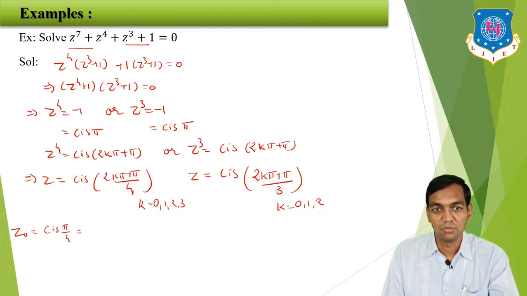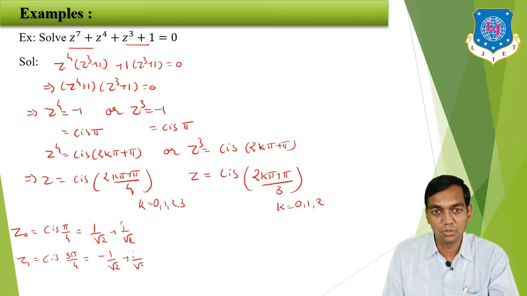That is 1 by root 2 plus i by root 2. Z1 will be cis 3 pi by 4, and that will be minus 1 by root 2 plus i by root 2.